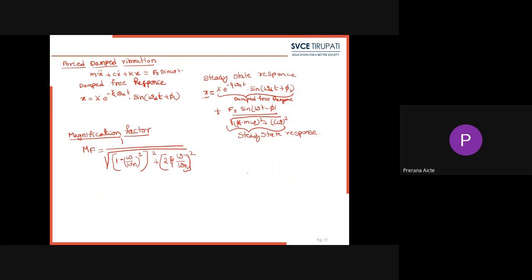And now we will see another formula, the transmissibility.